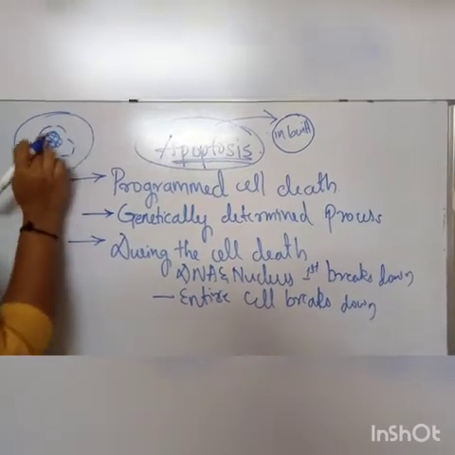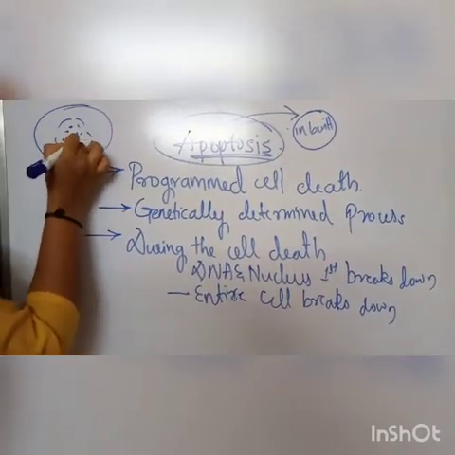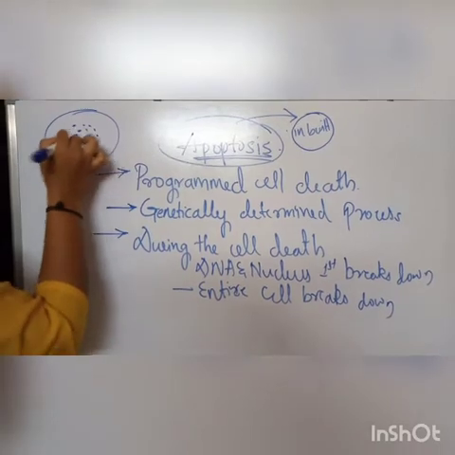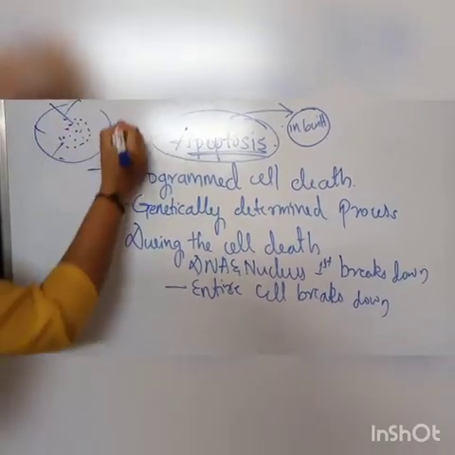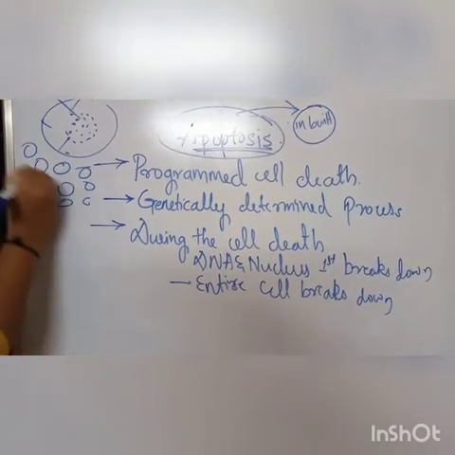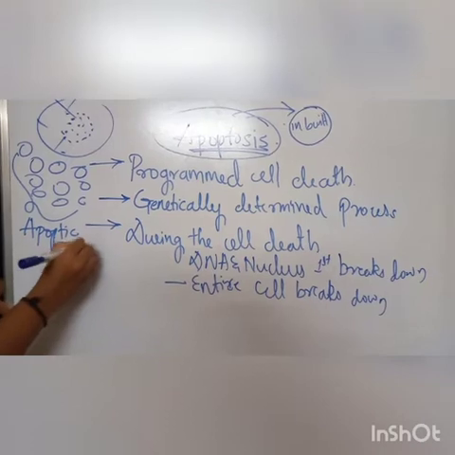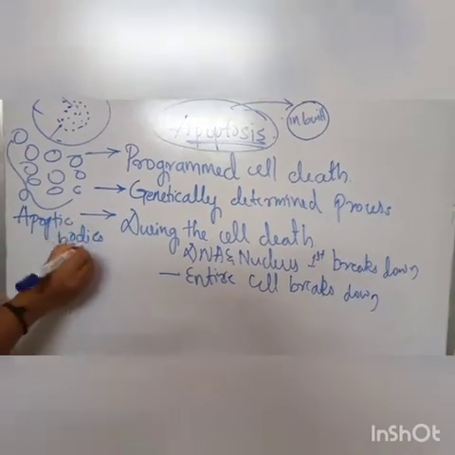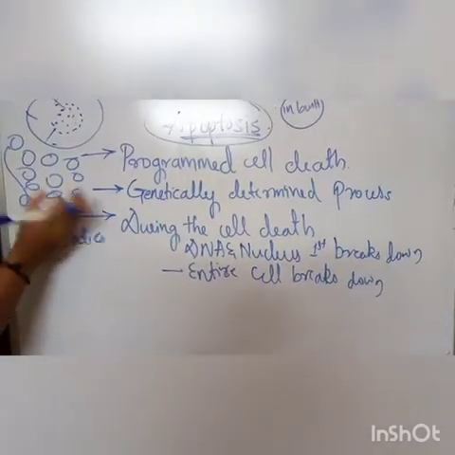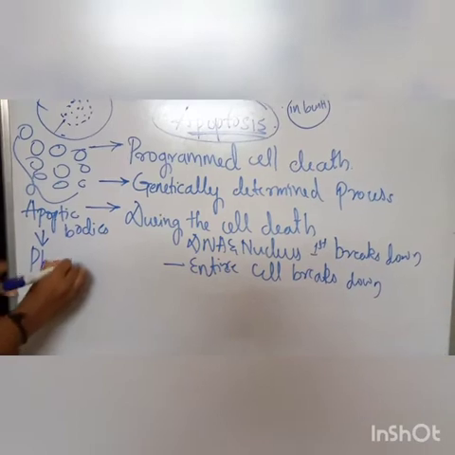This DNA condenses and breaks into smaller pieces. Later this nucleus breaks into smaller pieces. Then the entire cell breaks into smaller fragments. These fragments are known as apoptotic bodies. These apoptotic bodies are later engulfed by the phagocytes.